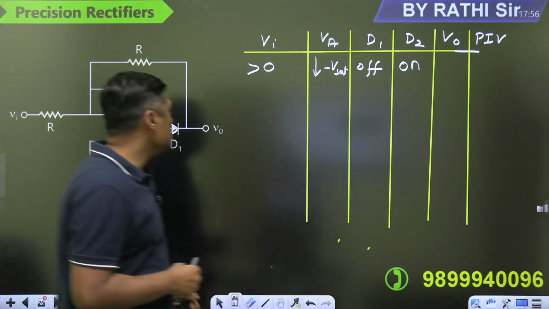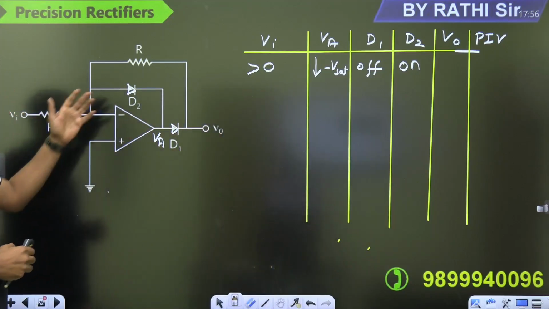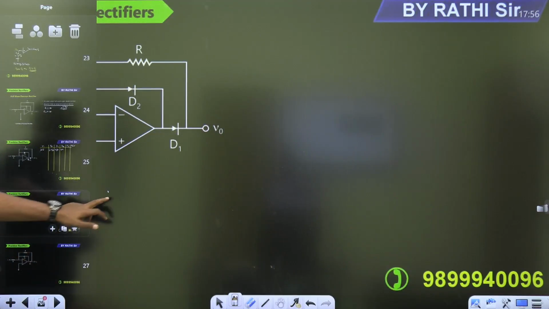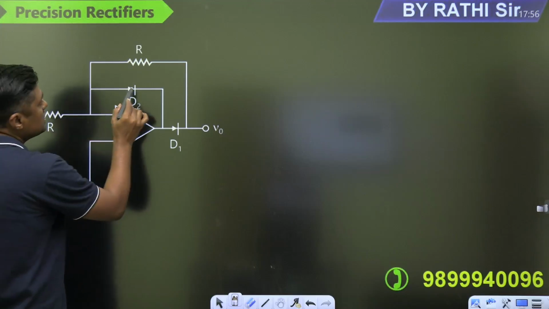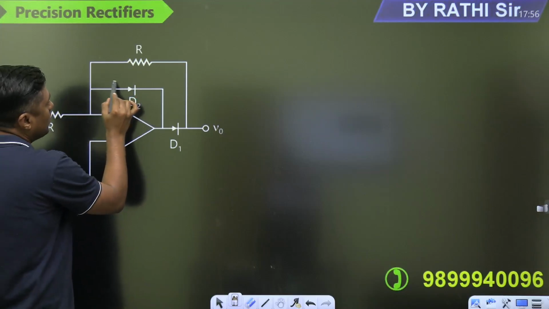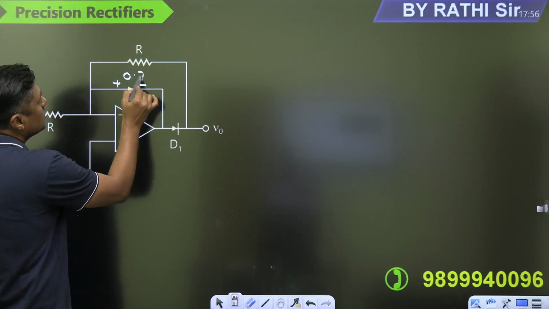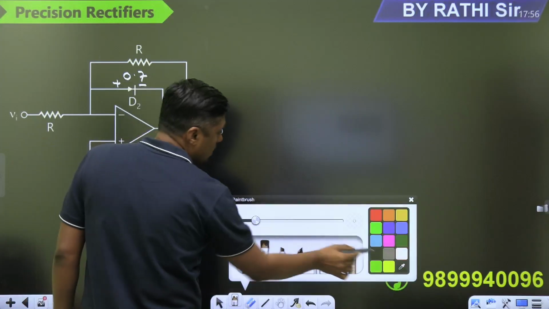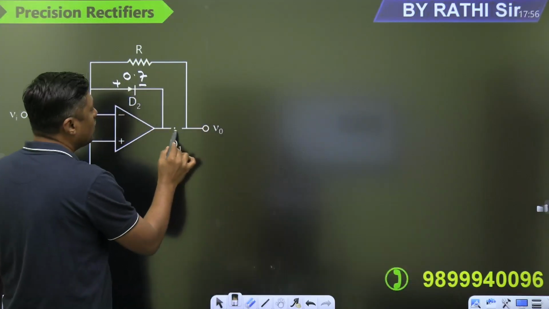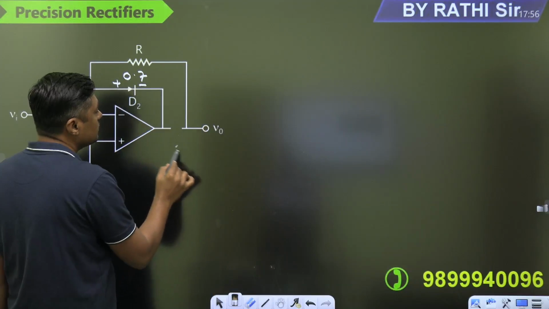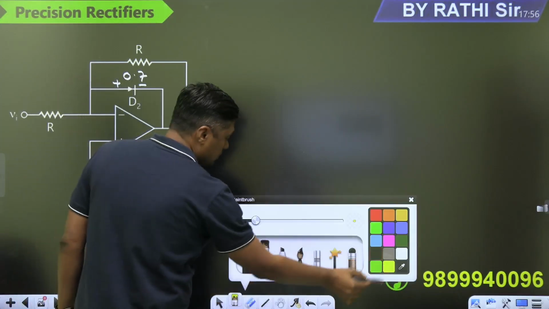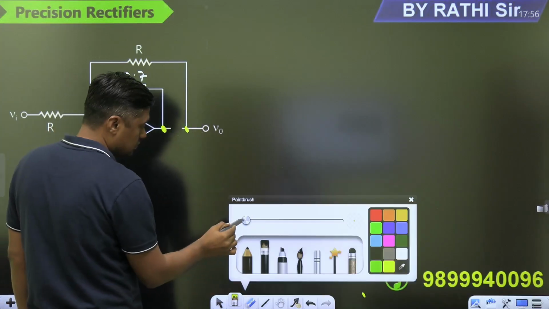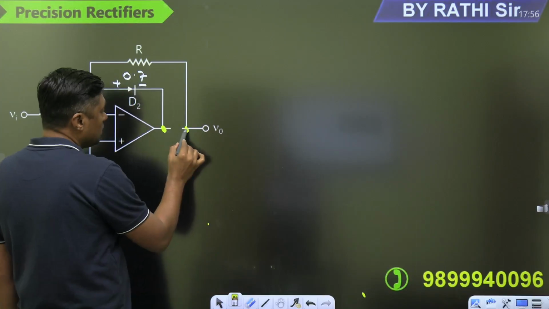Now, once D2 is on, watch this diagram carefully. When D2 is on, what is the drop across this diode? 0.7 volt. This diode is off, so you can make it an open circuit. This is RL.